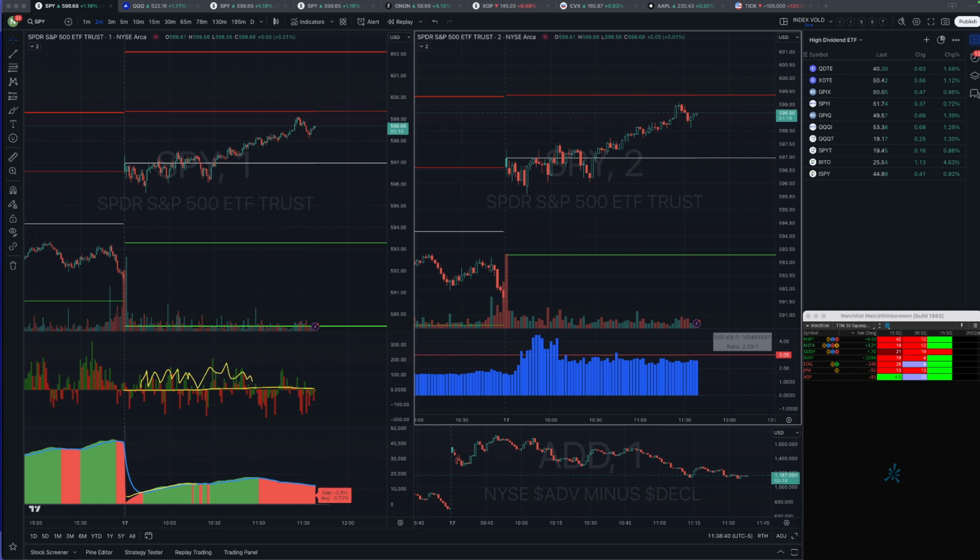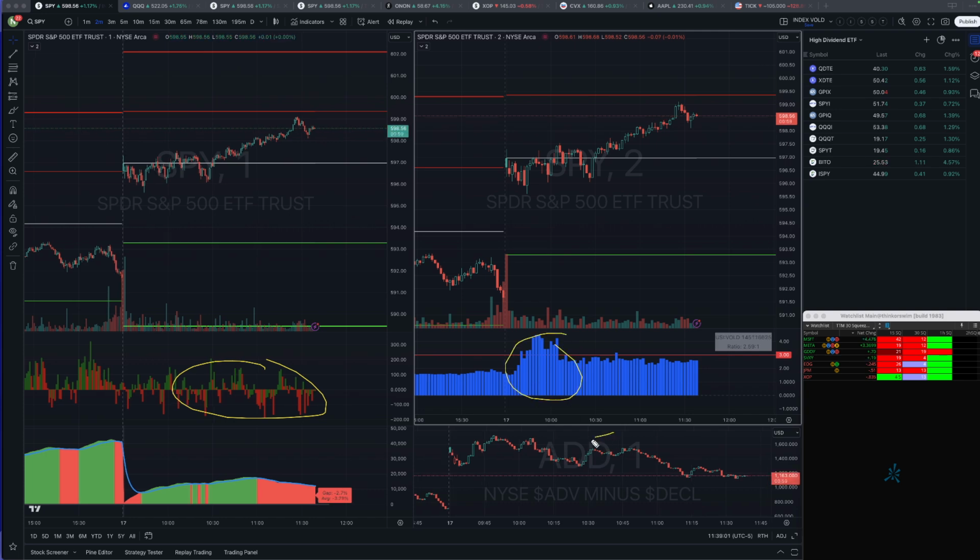Right now we have kind of a 50-50 reading, but with all the other indicators giving us the potential for a trend move up, then this is like the third one that I'm looking at. So this is 1, this is 2: VOLD, advance decline, and then the real-time ticks.